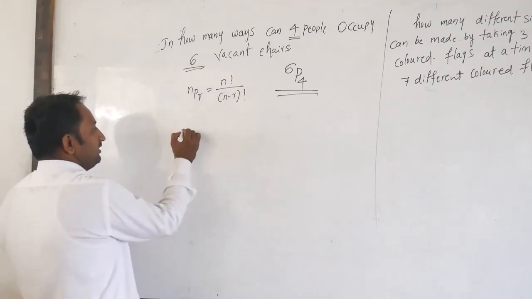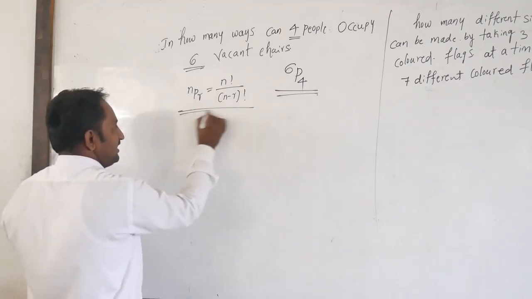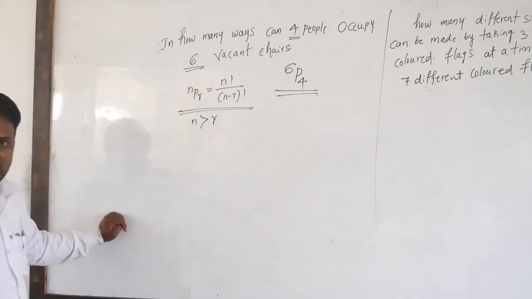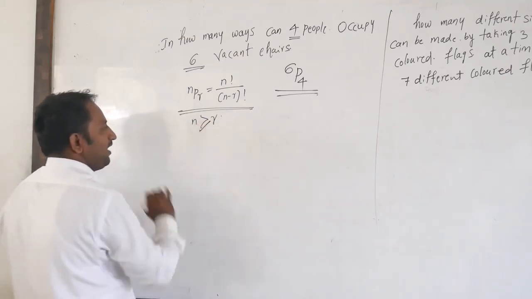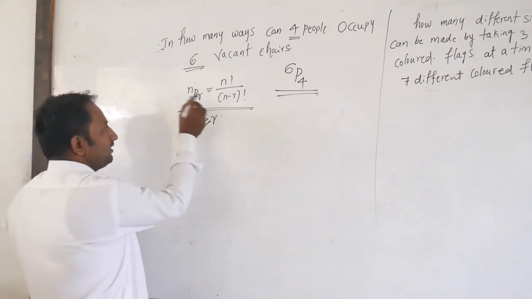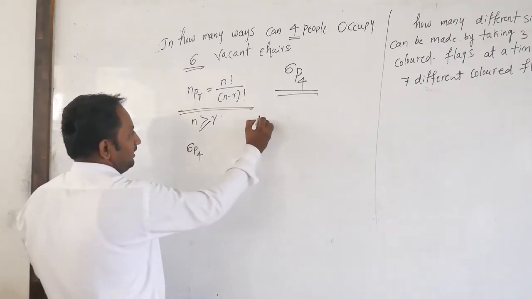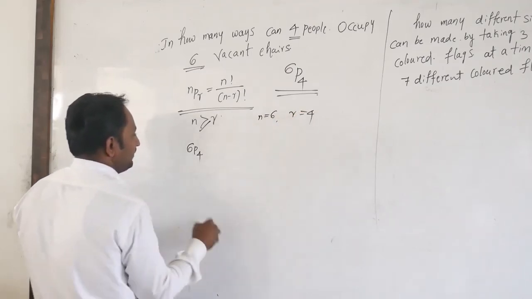In nPr, the n value is always greater than the r value, or the n value is greater than or equal to the r value. Here for 6P4, n is equal to 6 and r is equal to 4.